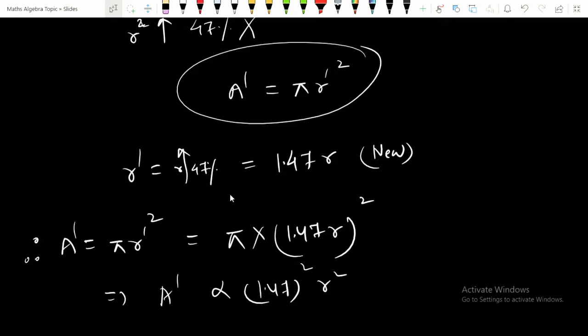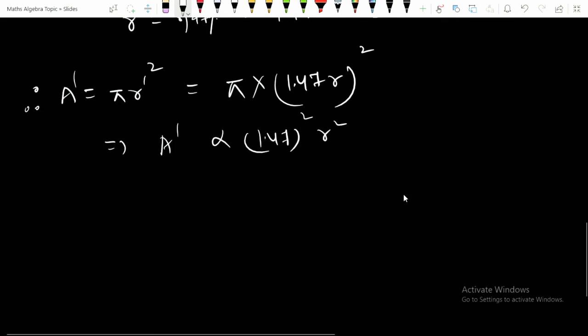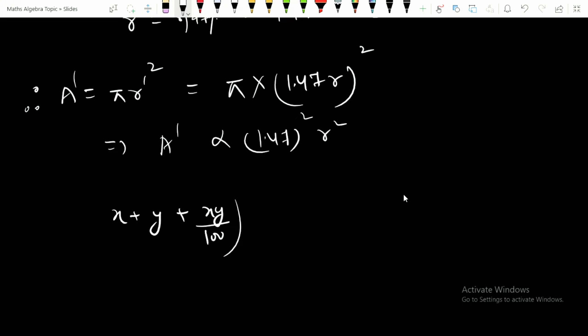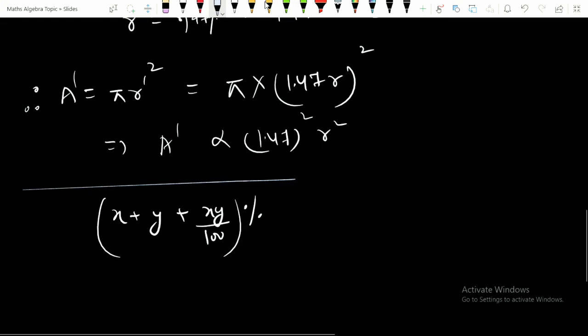This is your concept. So in this way, for 2 times r, it is r square. So that's why, as we have learned in successive increase, successive decrease, discount, x plus y plus xy by 100, we can directly use this formula. Let's say x is here 47 percent.